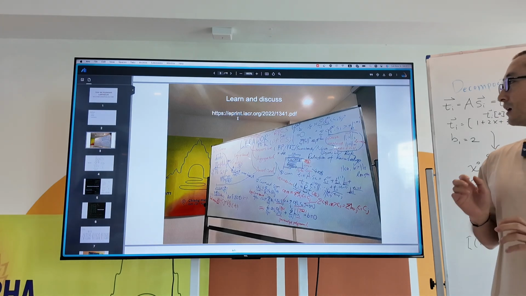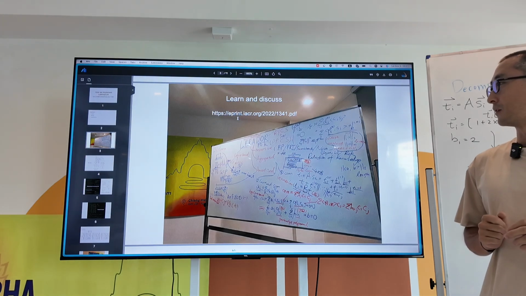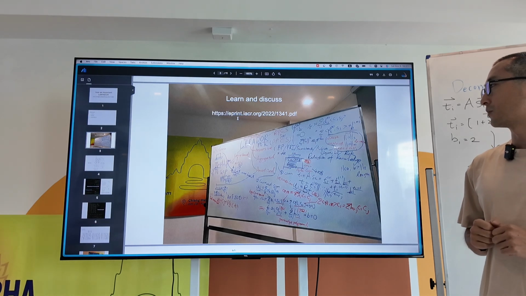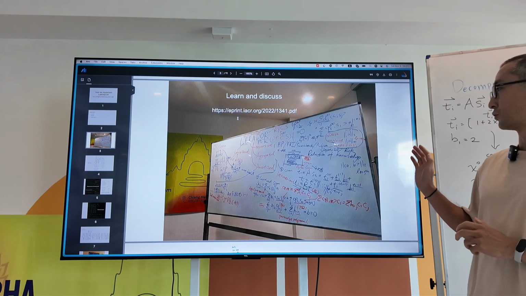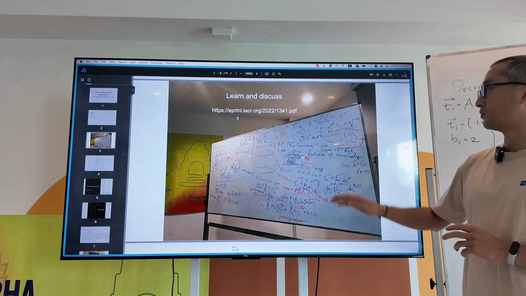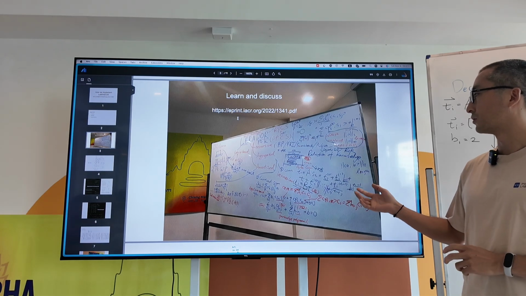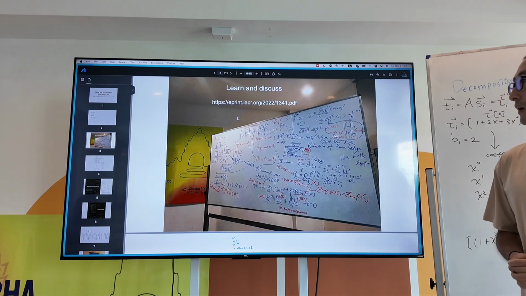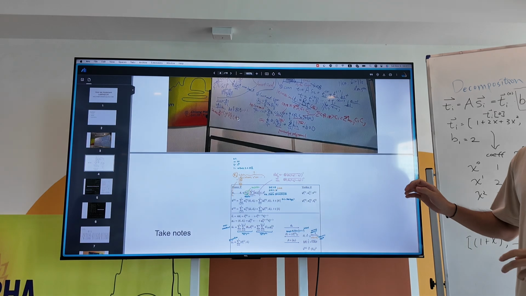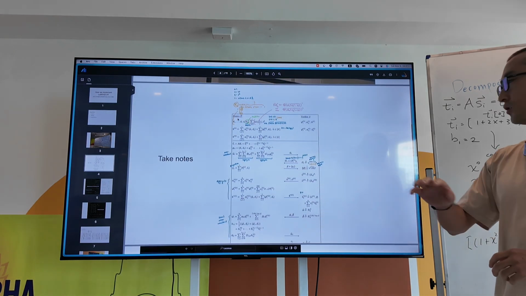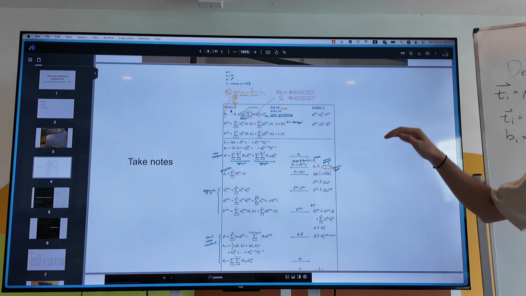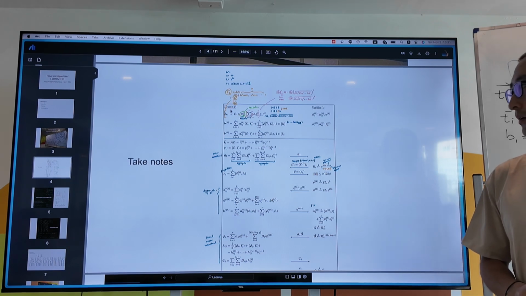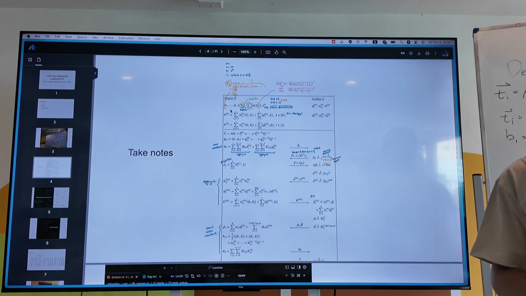First, before the implementation, we learned and discussed the paper across the team members. We have a whiteboard for us to understand what the paper is talking about, and then we take some notes. These notes are from Juno to help us understand and get the implementation.